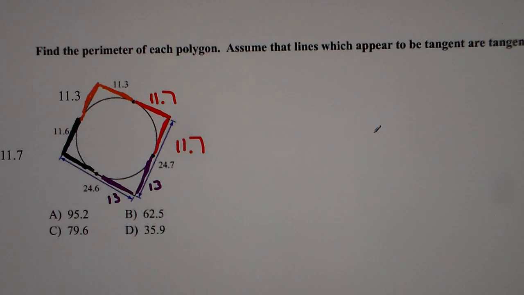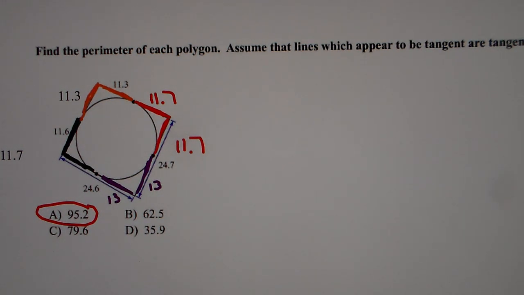Then I'm going to add the bottom left there, which is the whole thing is 24.6, so I'm going to add 24.6. And then the left-hand side is 11.6 and 11.3. So plus 11.6 plus 11.3, and I'm going to get 95.2. And that'll be my answer here, 95.2.